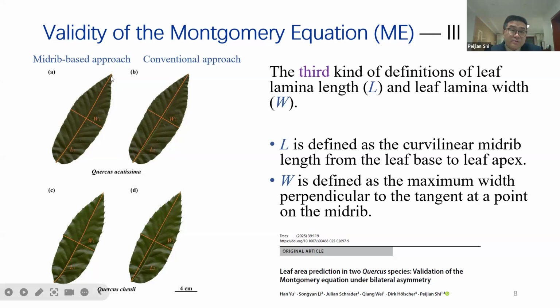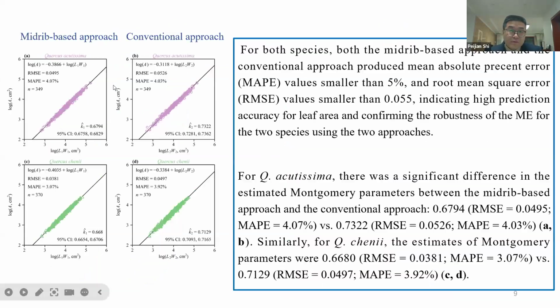So we used ImageJ to measure the midrib length, and we compared this approach with the conventional approach. On the left column, we show the midrib-based approach.